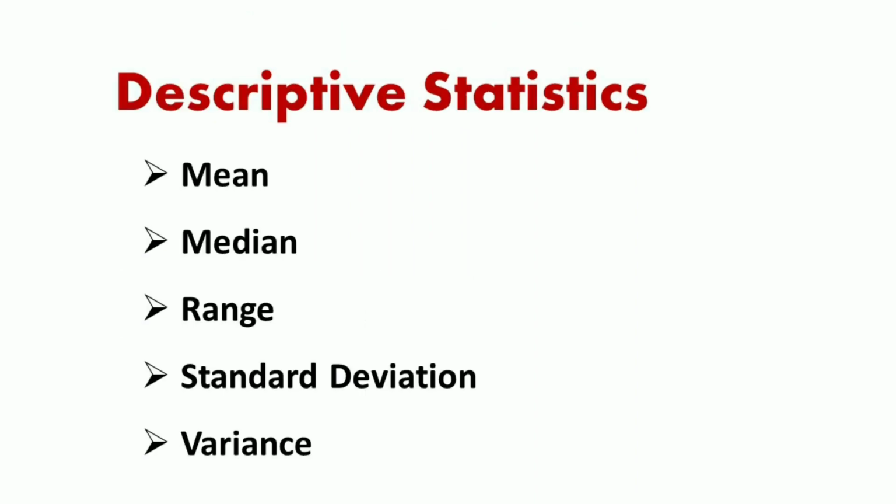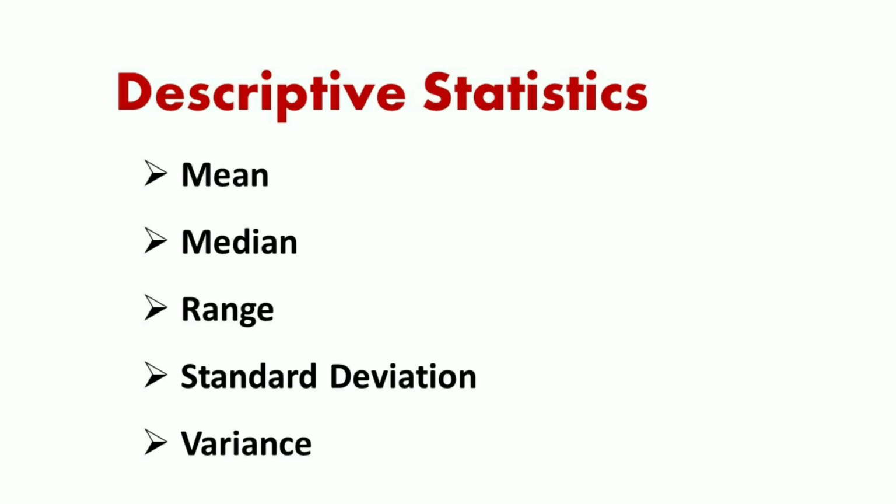Descriptive statistics are used to describe a sample population using the data set collected from that particular population. This method, as used in analyzing interval data, mainly includes mean, median, range, standard deviation and variance.